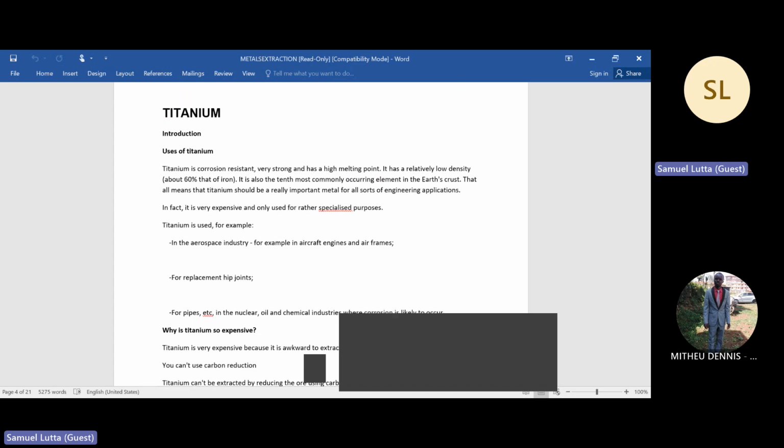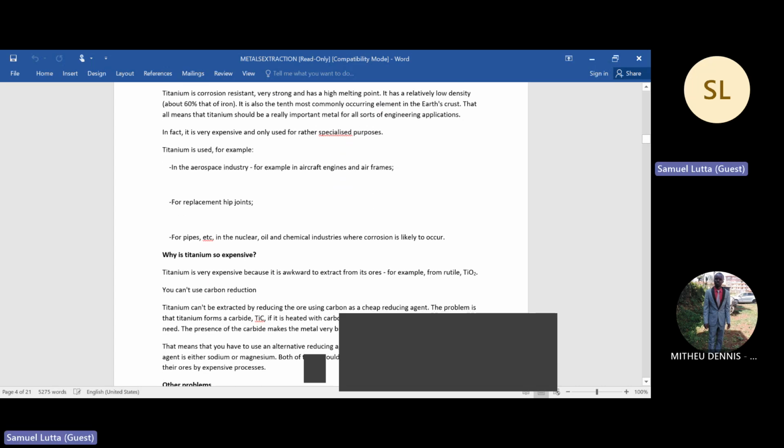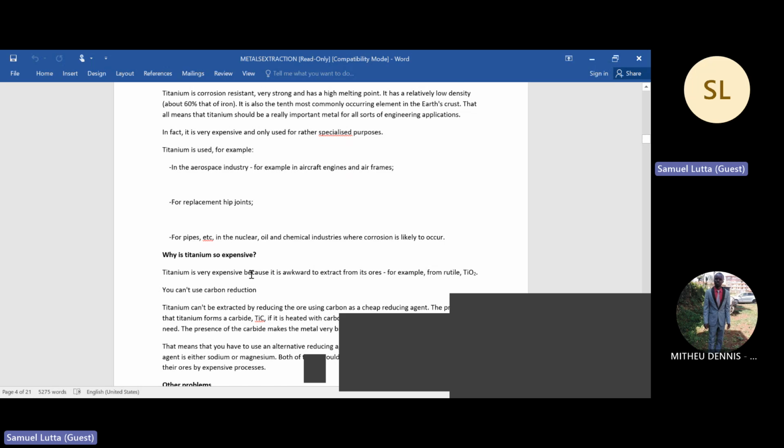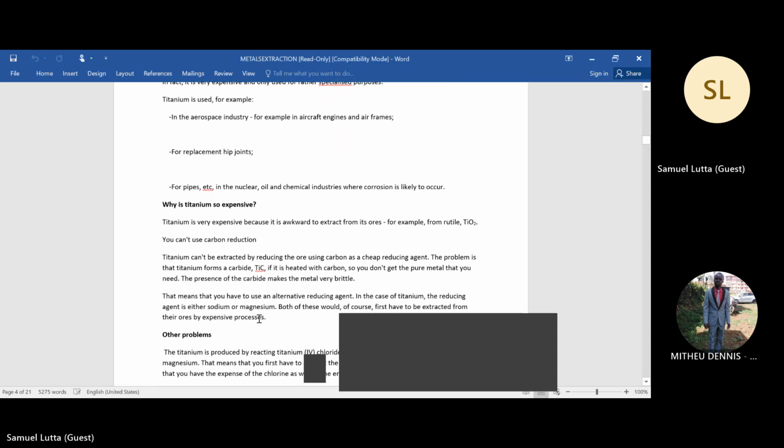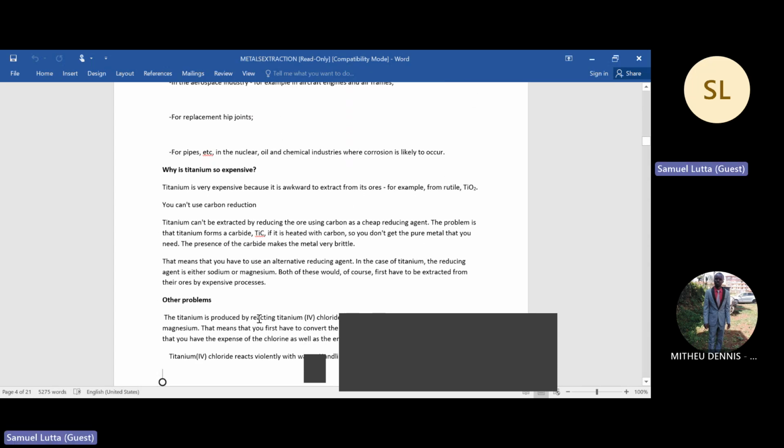So for titanium, is it not very expensive? No, it's quite expensive. And we said you cannot reduce it by using carbon or any carbon compound because it forms titanium carbide.